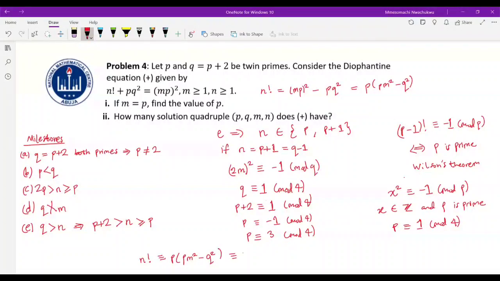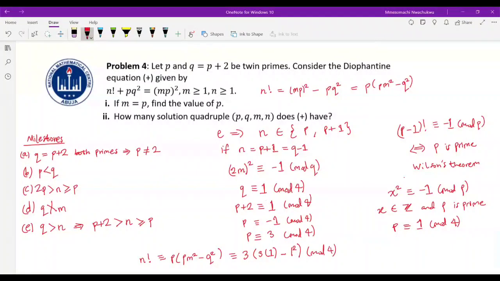So P is congruent to 3, we have 3. Okay. M squared is congruent to 1 or 0 mod 4.